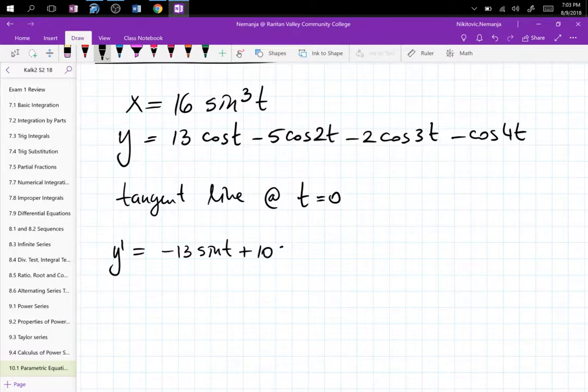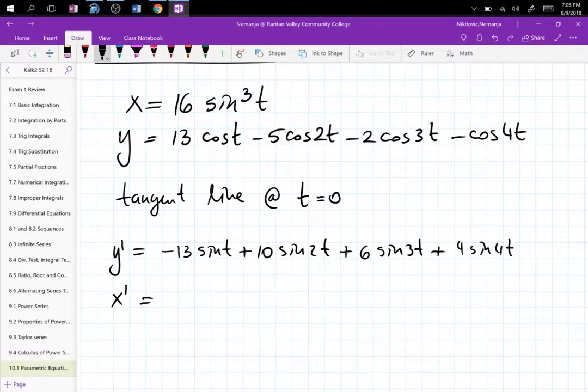So plus 10 sine 2t plus 6 sine 3t plus 4 sine 4t, and then x prime is equal to 48 sine squared t times cosine t.